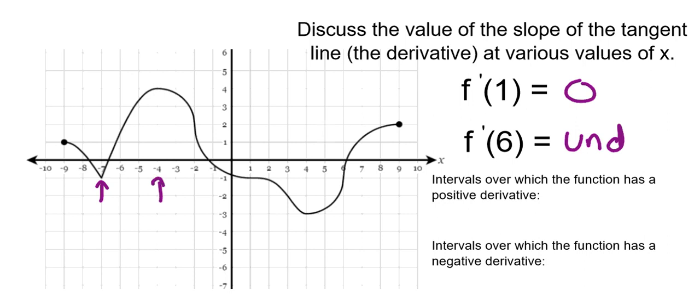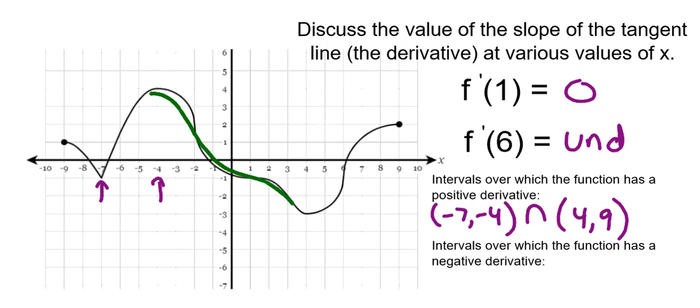So it's increasing from -7 to -4 and increasing again from 4 to 9. And then it's decreasing from -4 all the way to 4.